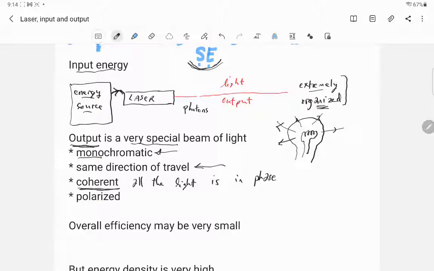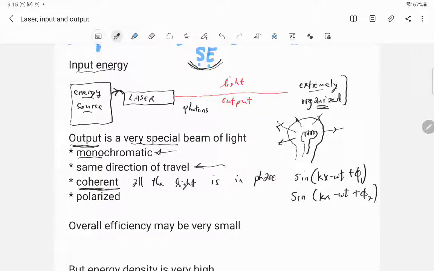Phase refers to whenever you write down a traveling wave. An example of a traveling sine wave looks like kx minus omega t. There is this phase angle that you can put in there, right? So one wave could look like kx minus omega t plus phase 1. And another wave can be kx minus omega t plus phase 2.